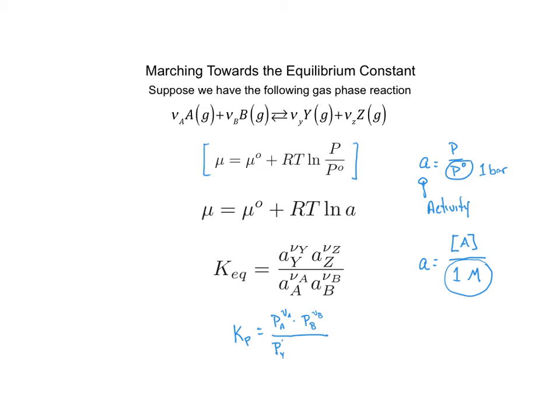Pressure of Y raised to the stoichiometry of Y times the pressure of Z raised to the stoichiometry of Z. And I'm going to put 1 over Kp since I wrote this upside down.